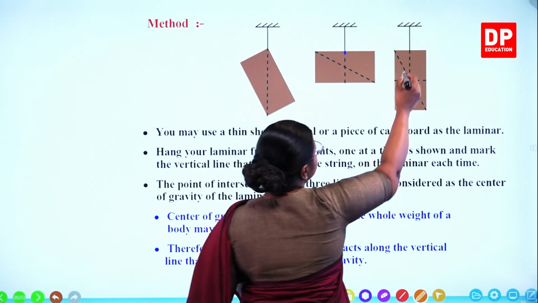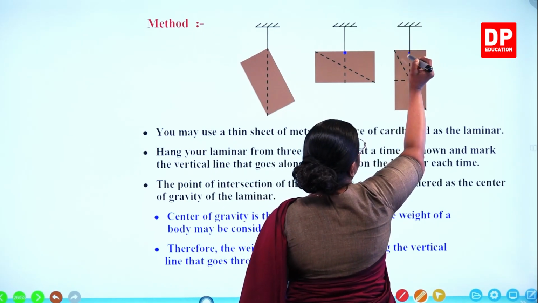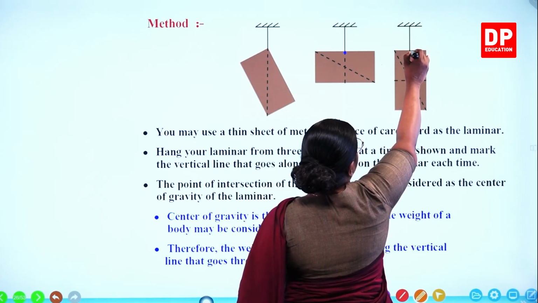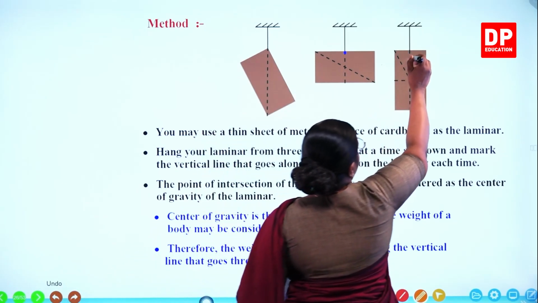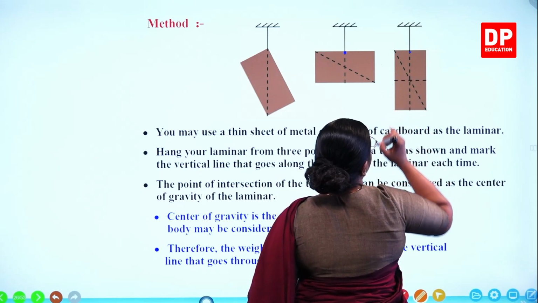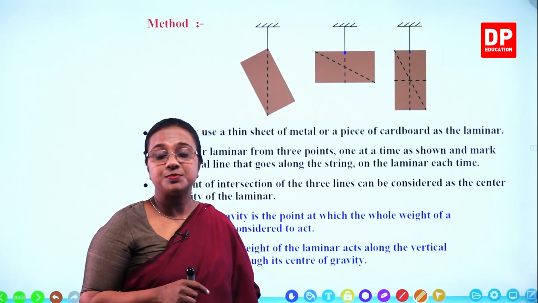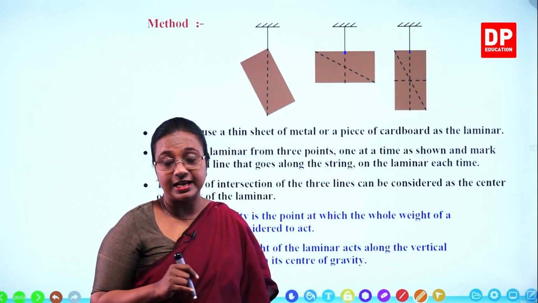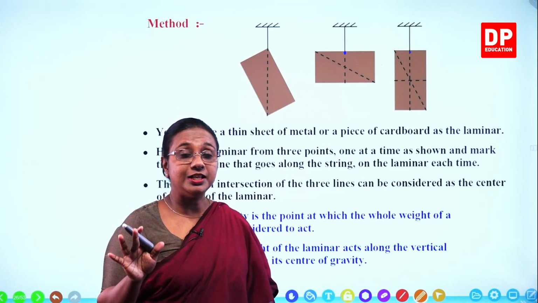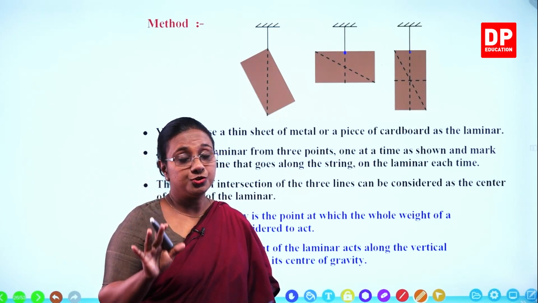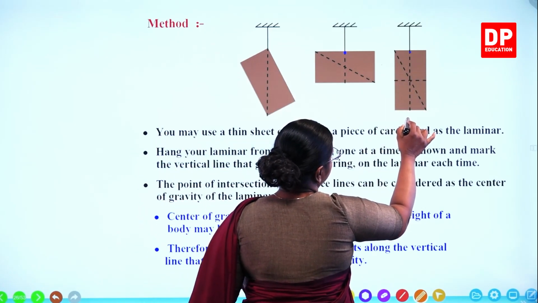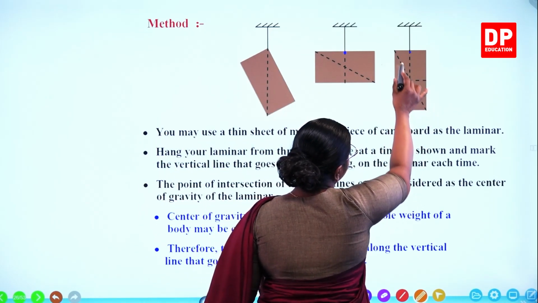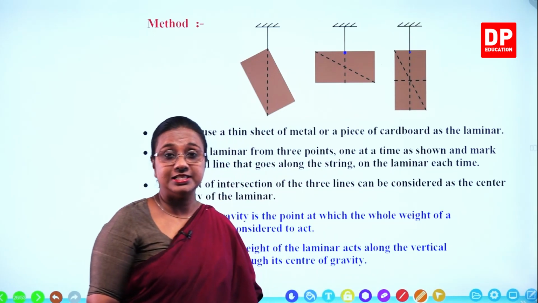Here you can see we put a hole somewhere here, and then we need to suspend the lamina as shown in the diagram. There also we let it come to equilibrium. It should not be moving. Once it is at rest, we draw the line. So here you can see all three lines intersect each other.